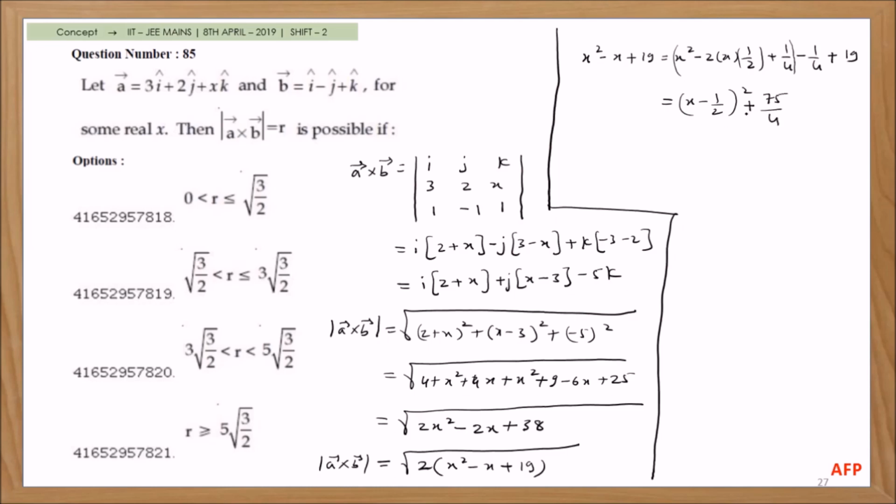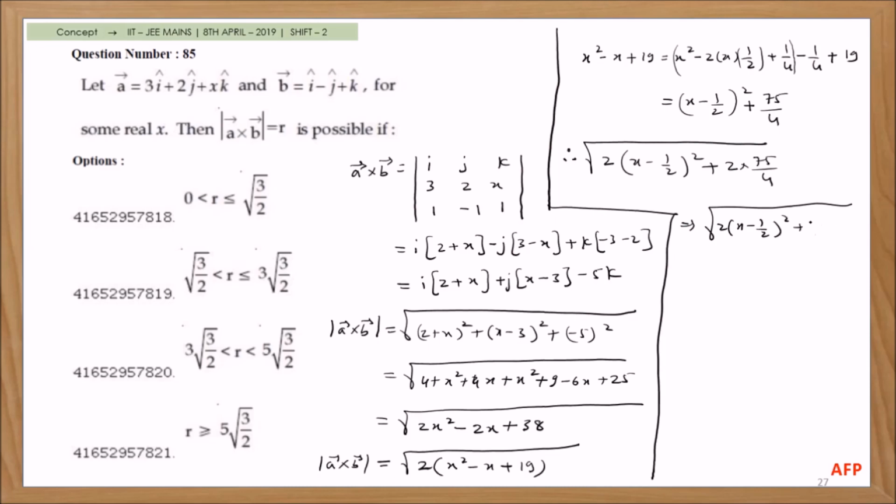Therefore, the square root of 2 times x minus 1 by 2 whole square plus 2 times 75 by 4, which is the square root of 2 times x minus 1 by 2 whole square plus 75 by 2.